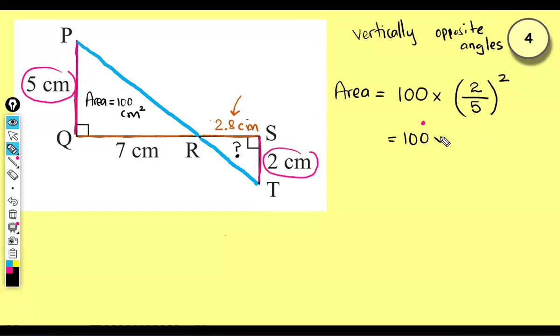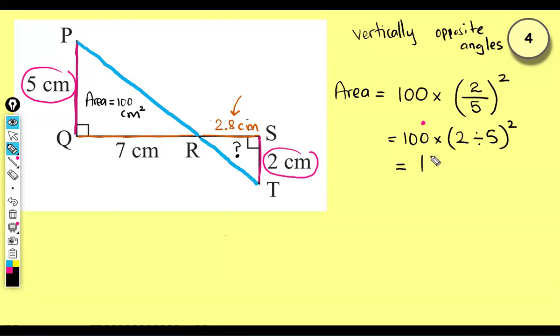If I type in 100 multiplied by open brackets 2 divided by 5 close brackets squared, you can actually get this one without a calculator, but let's see. Oops, sorry, I didn't open my brackets. 100 multiplied by open brackets 2 divided by 5 close brackets squared.